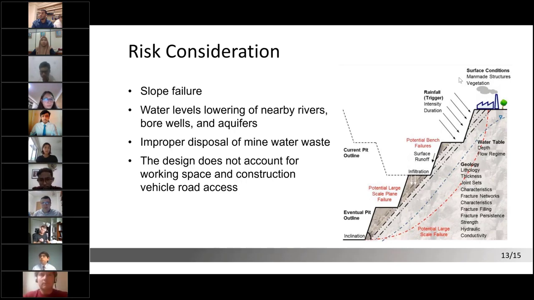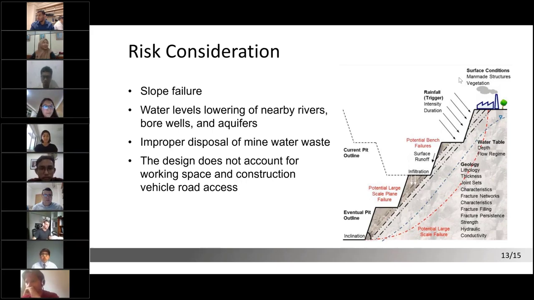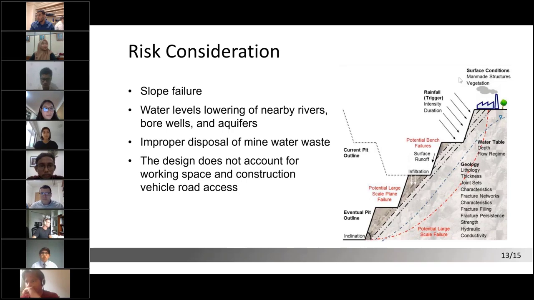There could also be improper disposal of the mine water waste, and that could contaminate the nearby groundwater. Our design also does not account for any working space or construction vehicle road access. In the figure over here, you can see additional factors that could affect the slope stability.